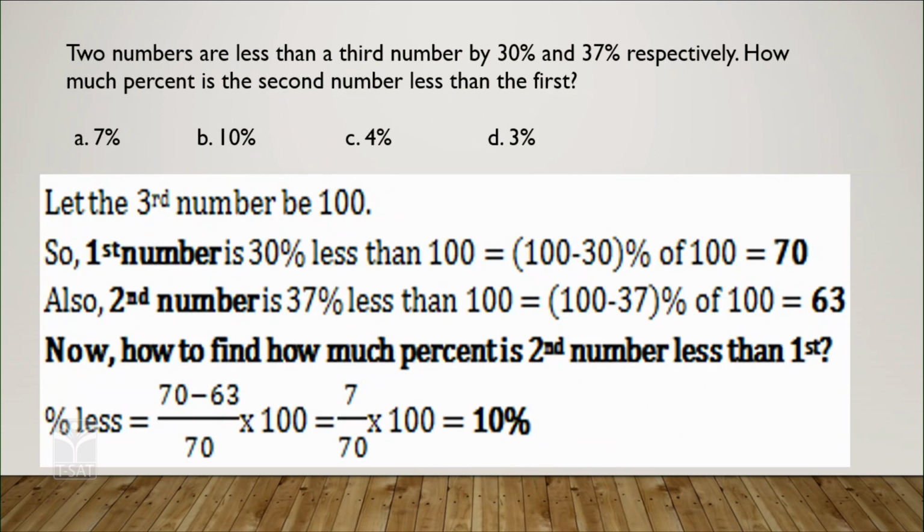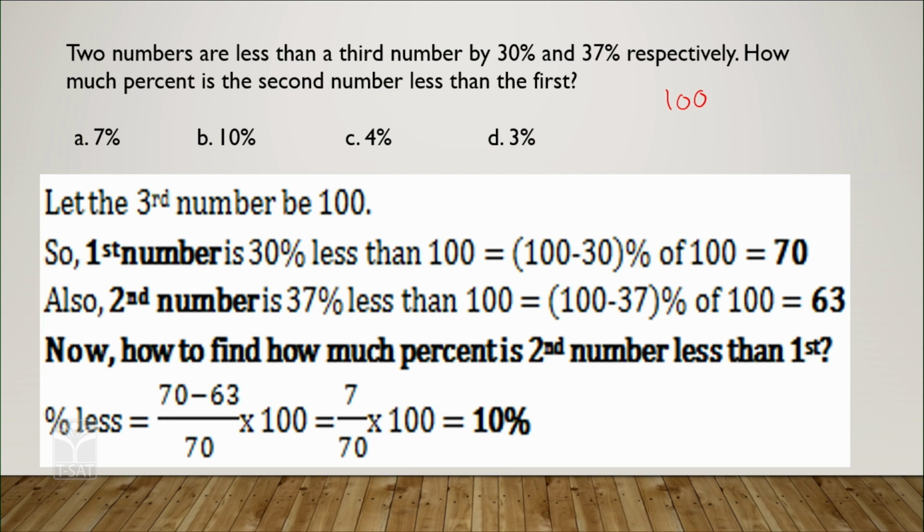Now shifting to the next question. Two numbers are less than a third number by 30% and 37% respectively. How much percentage is the second number less than the first number? Very clear, correct? We don't know the number, say it is 100. This is the third number, 100.